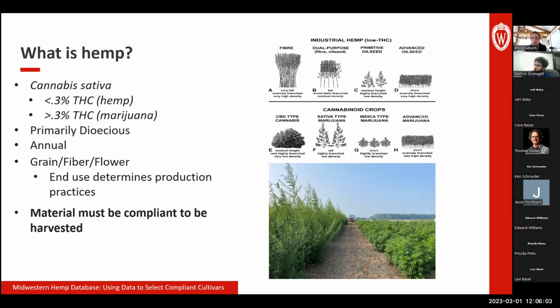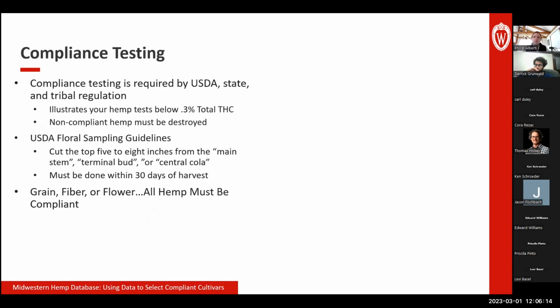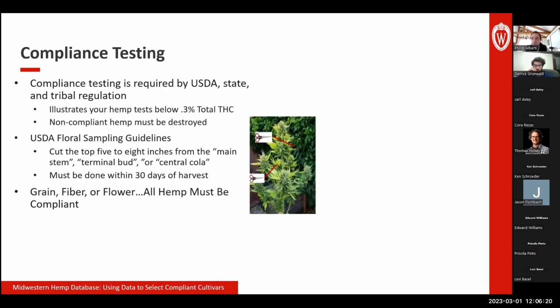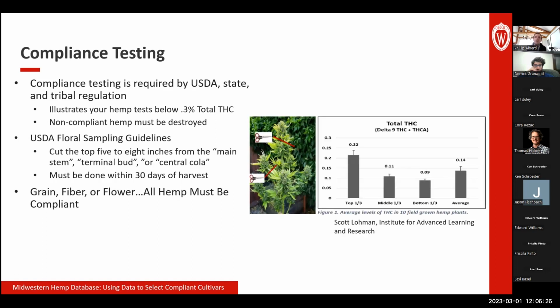At the end of the day, though, no matter what type of hemp you are growing, the material needs to be compliant. Whether that's grain, fiber, or flour, all hemp needs to be considered compliant by your state, federal, or tribal regulatory bodies before you can harvest it. This compliance testing is really just ensuring that your hemp tests below 0.3% THC, and non-compliant hemp must be destroyed. It's important to note that where you sample on the plant does matter.